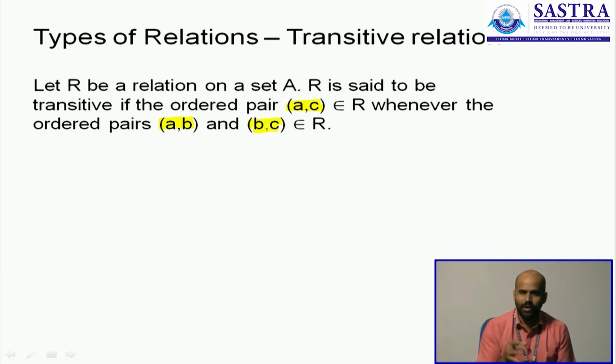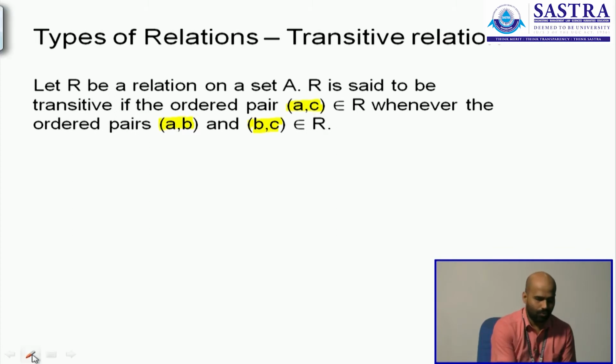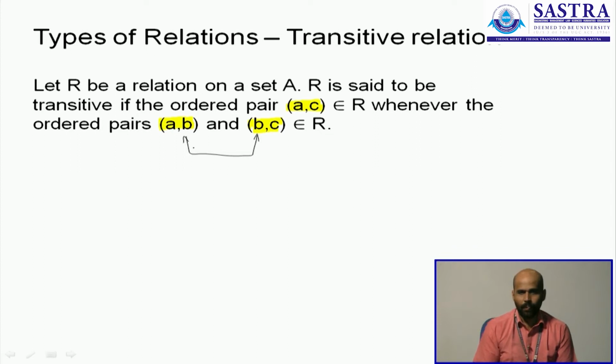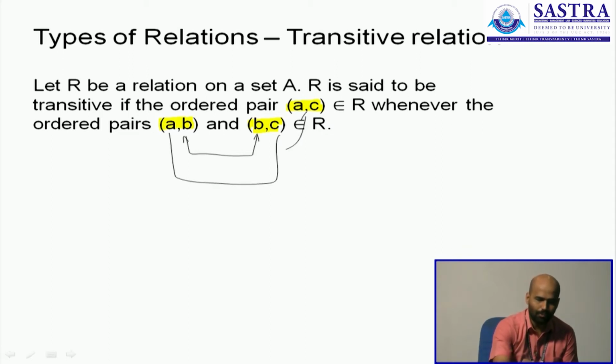And what is the third pair? It is not just any randomly selected pair, it's the pair (a, c). So it's pretty easy to remember this. Whenever there is an overlap, where the second component of the first ordered pair and the first component of the second ordered pair match, then the other components also form an ordered pair. If the relation is of this kind, then you will call it a transitive relation.